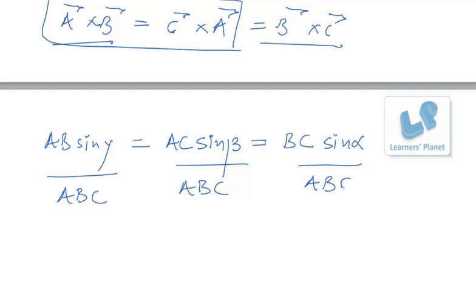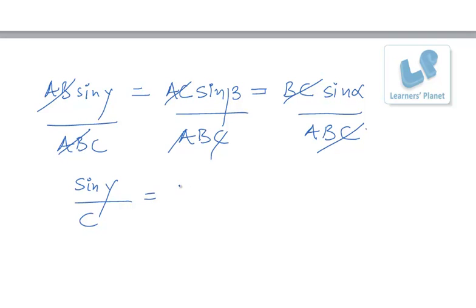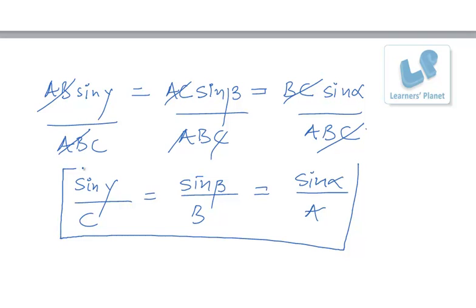Okay, so again equality will remain. So this AB will cancel this, AC will cancel this, BC will cancel this. So we are left with sine gamma upon C is equal to sine beta upon B is equal to sine alpha upon A. So hence this expression is proved.